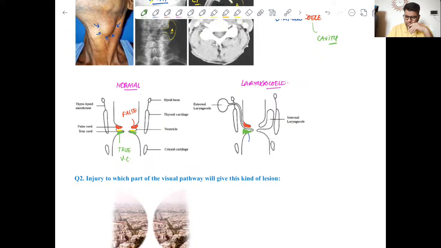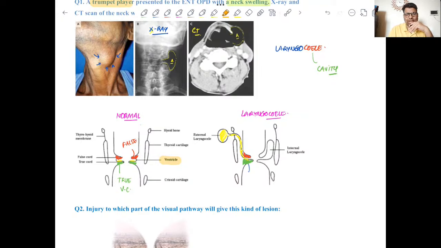In between the two, this is all the ventricle which has now dilated and it is presenting outside. So this is the laryngocele. This is, you can say, the pathoanatomy of laryngocele, right? So it is the ventricle which actually expands out and it presents as a swelling on the lateral part of neck.